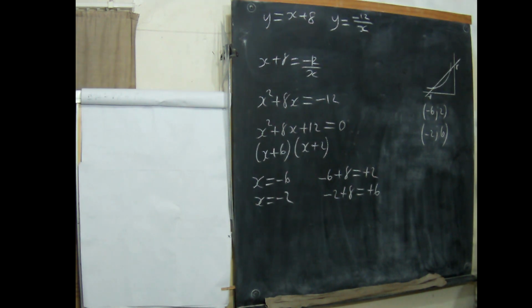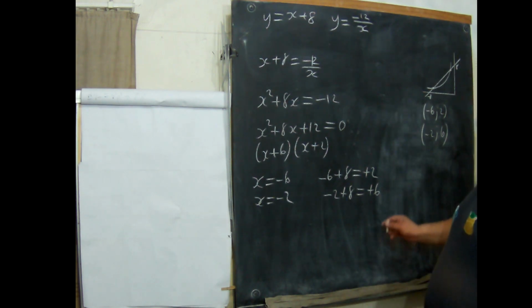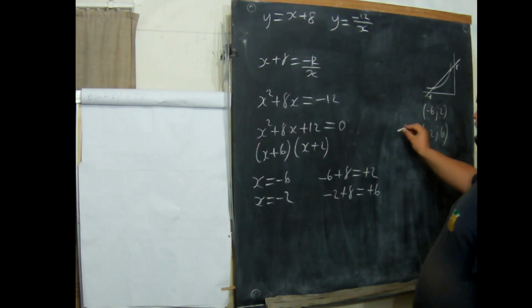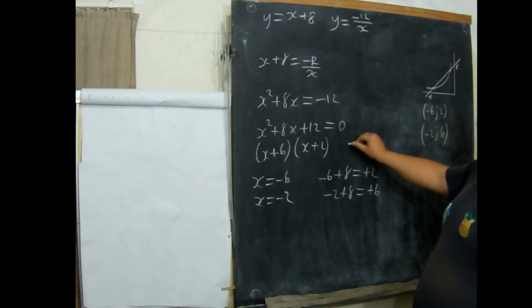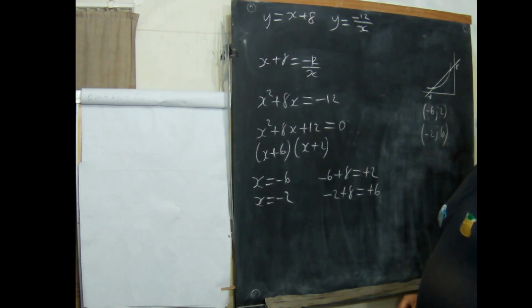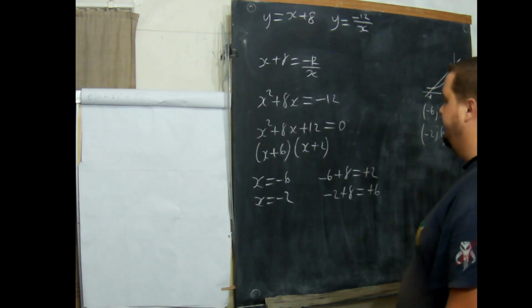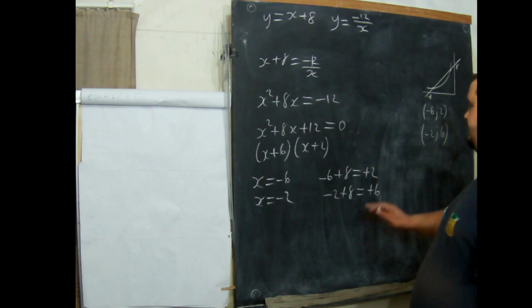Now, the reason we chose to use the y coordinates is because the y coordinates are positive. Even if it's bound by the x-axis or whatever, it doesn't matter, we can still use either coordinates.